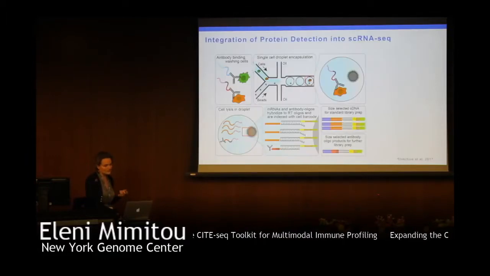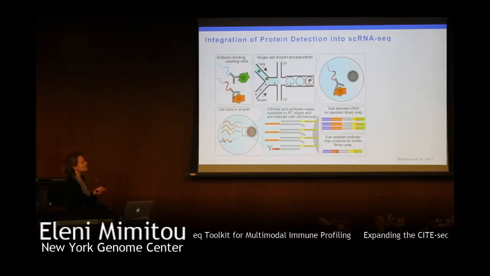Again, I described how it's performed. The main idea is depicted here in droplet-based single-cell RNA-seq methods: in the beads where the oligo-dT is bound, upon lysis, everything that is poly-A tailed in the cell is captured.